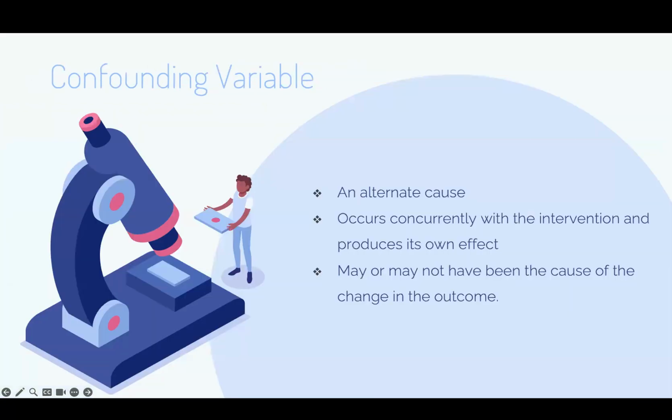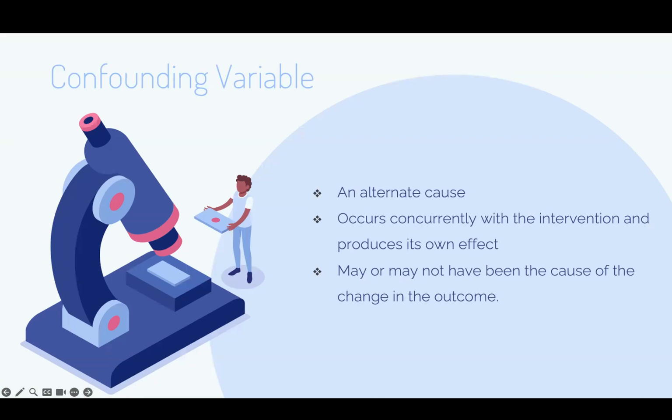In our scientific inquiry within the realm of social work research, we must give due attention to a critical concept known as the confounding variable. A confounding variable acts as an alternative cause, presenting a challenge in establishing a clear causal relationship between the intervention and the outcome. This variable occurs simultaneously with the intervention and has the potential to independently affect the outcome.